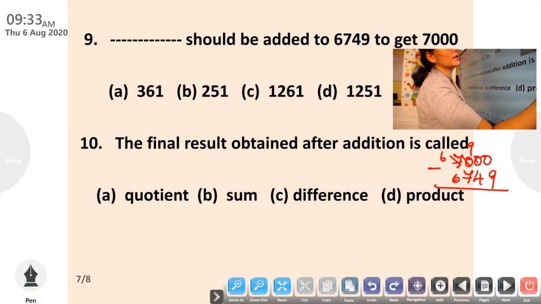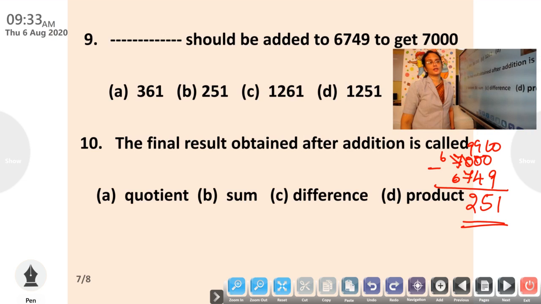Here it is 9, 9, 10. So what you are getting? 1, 5. Then here 2. So the answer is 251. And where is 251? It is choice B. Okay, 251 should be added to 6,749 to get 7,000.